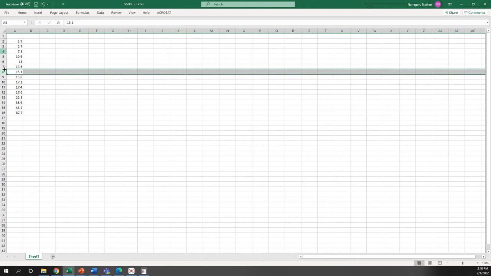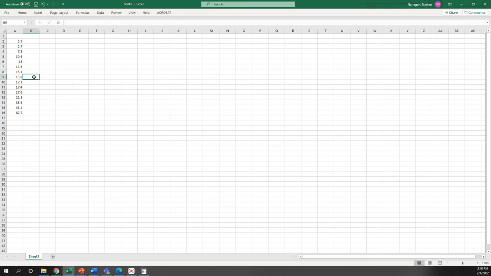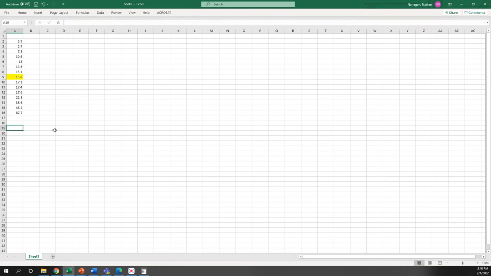Because we'll have one, that's not 8th, there it is, because I have the extra line. 1, 2, 3, 4, 5, 6, 7. 1, 2, 3, 4, 5, 6, 7. There you go. So I'm right there in the middle. So this is our median right here. I want to highlight that. There we go. So our median is 15.8.